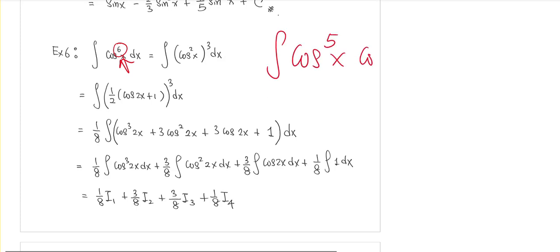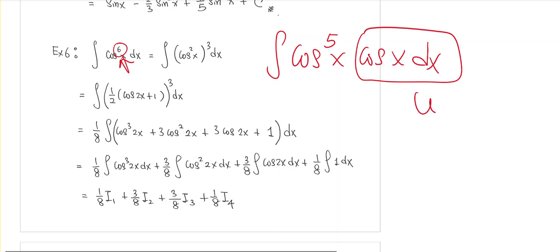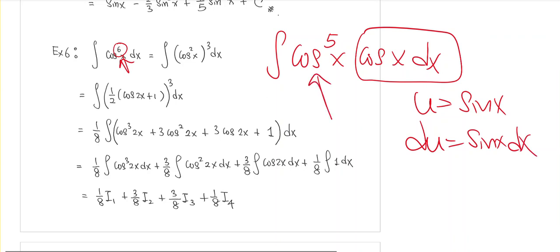So you can write cosine of x dx. And then the problem is again the same thing. If you want to have this, your u had better be sine x, because then your du will be cosine x dx. But the problem is that, again, it is difficult to get cosine to the power of 5 written as a polynomial of sine x.